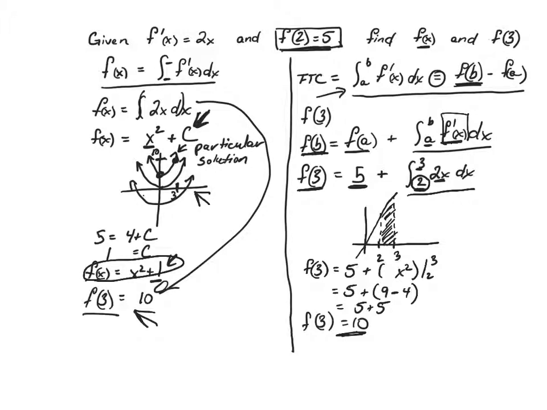So here my f of 3, if I draw this like a cartoon, is going to equal the 5, the place where I started, plus the area under the curve between 2 and 3 and the x-axis, and that ends up giving me the 10 that I want in the end. I really hope that helps.